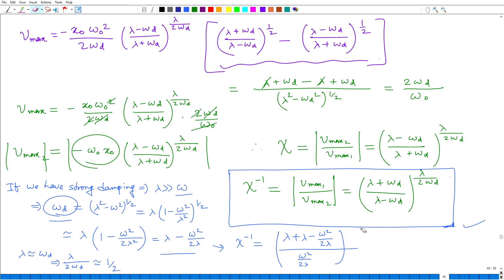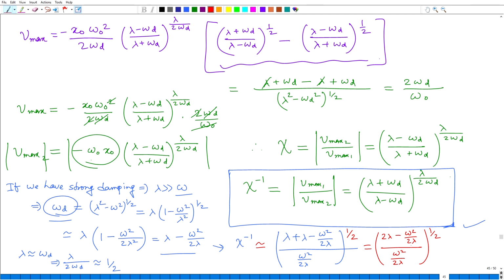Okay. So, that I can use over here, and I can write this with a different color: 1 over half. And of course, this is an approximation over here. So, that is why I do not put the equal to sign over here, I just say this is like this, this limiting value, and you will have 2 lambda minus omega square by 2 lambda by omega square by 2 lambda to the half.